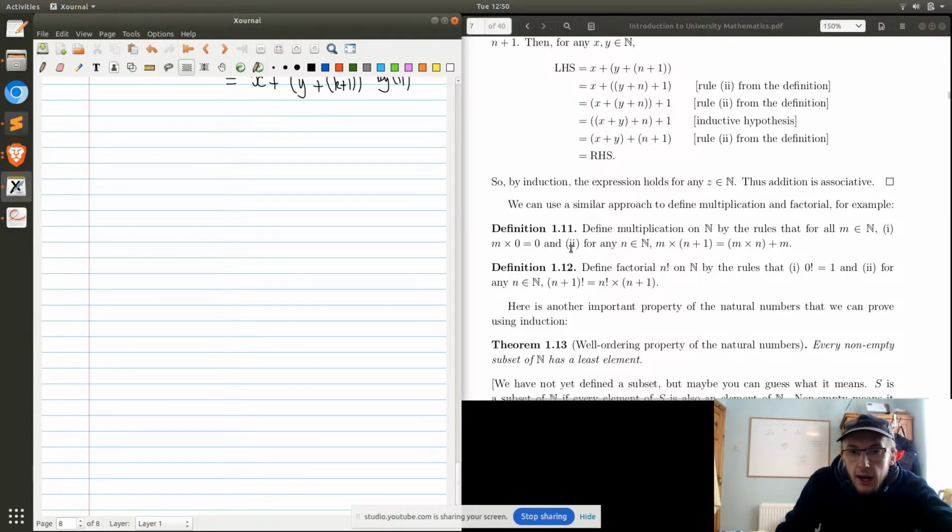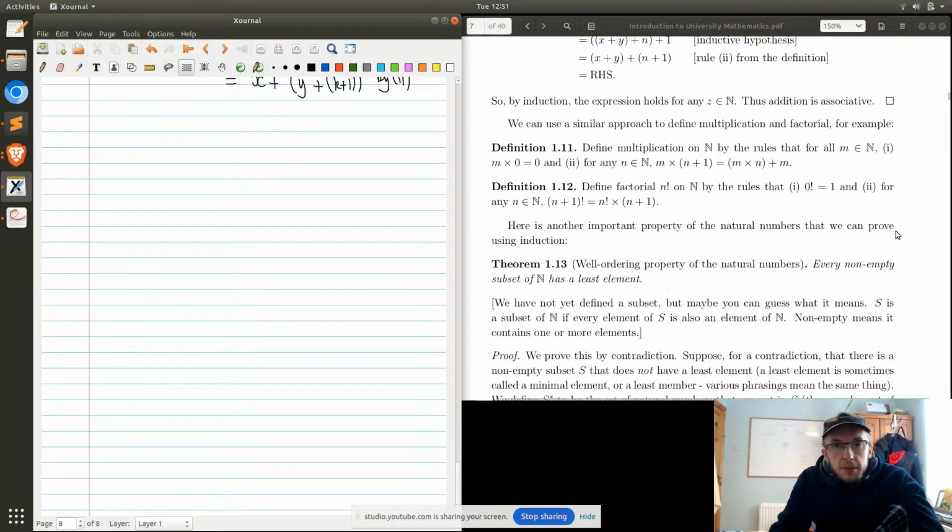And part 2, for any natural number n, m times n add 1 is m times n plus m. And define the factorial on the natural numbers by the rules that 0 factorial is 1 and n add 1 factorial is n factorial times n add 1. That makes sense.